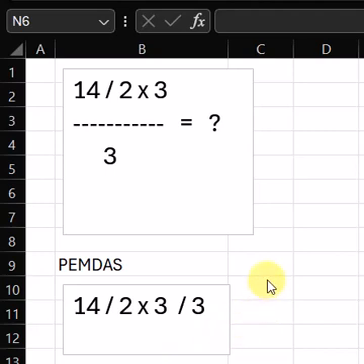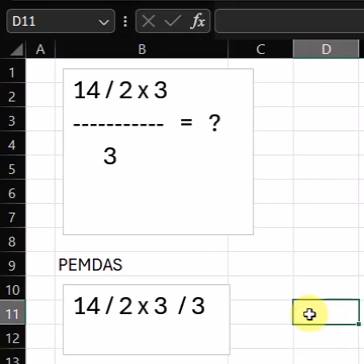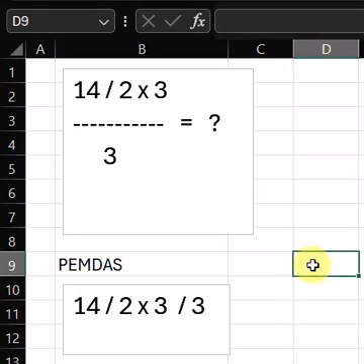So now, let's go ahead and work that. By the way, Excel is smart enough to know. I'm going to work this in cell D9, and you'll be able to see the formula up there as I work this one through. So we would say in Excel, equal 14 divided by 2, times 3 divided by 3. The times symbol in Excel is the asterisk.